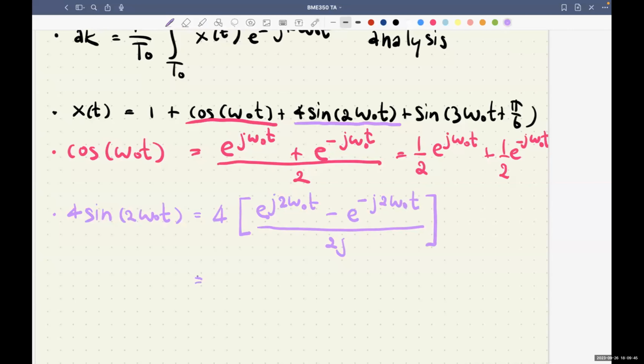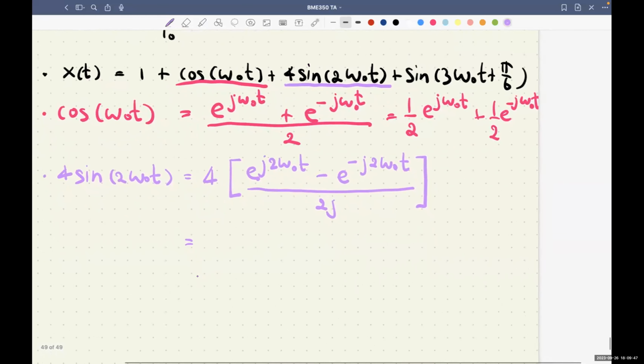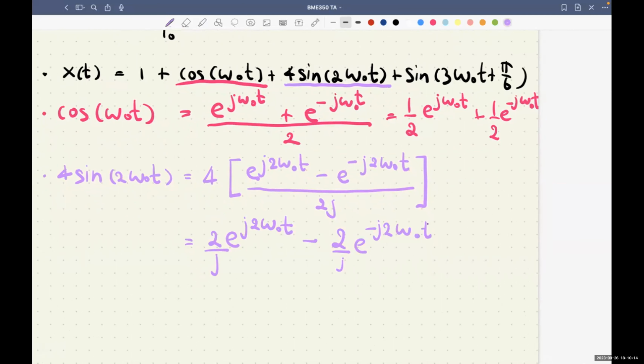All right, and I expand everything out. So in the end, I'll get 2 over j e to the power of j 2 omega naught t minus 2 over j e to the power of negative j 2 omega naught t.